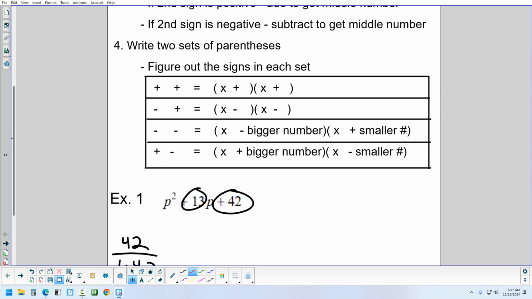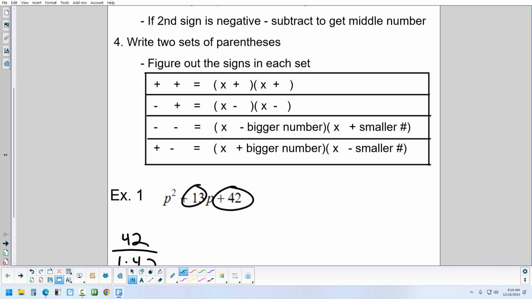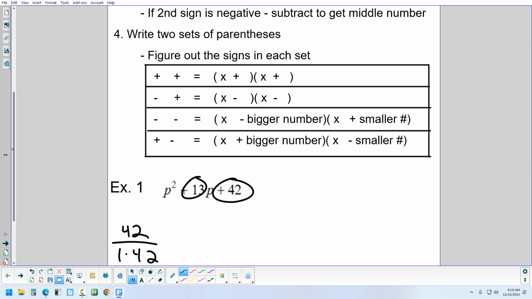So if we look at our chart, we have a positive and a positive. So you go to the row where you see a positive, and it tells you how to set it up. It's going to be an X and a plus, and an X and a plus.